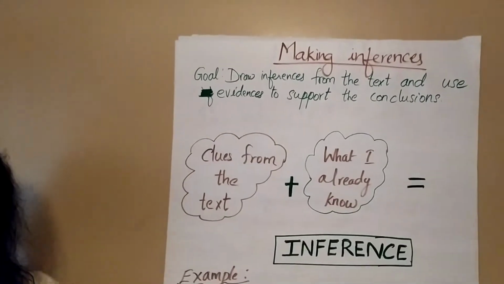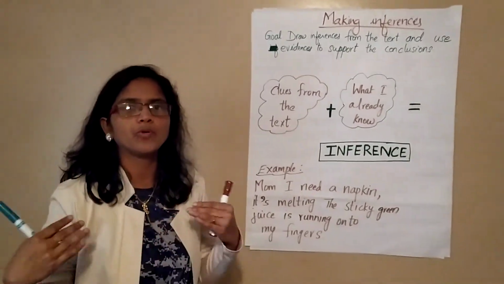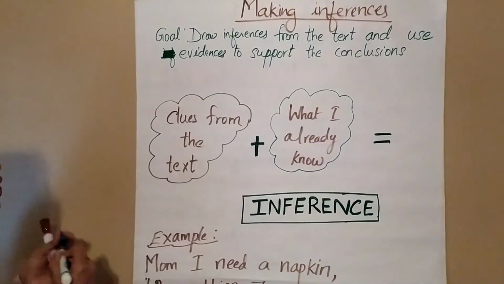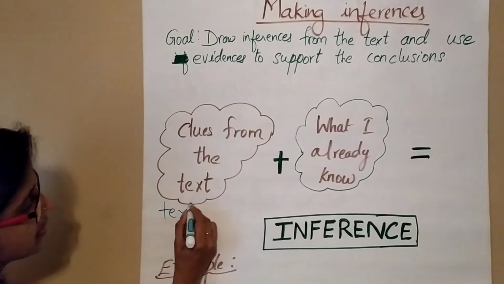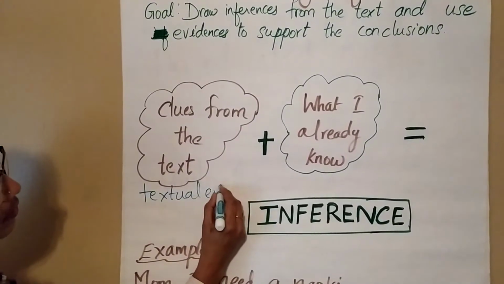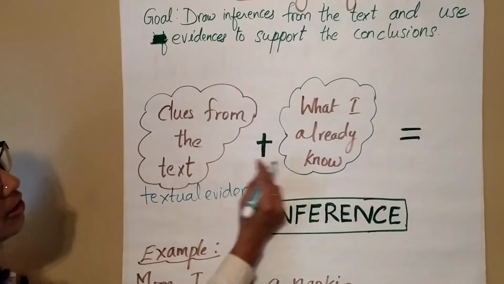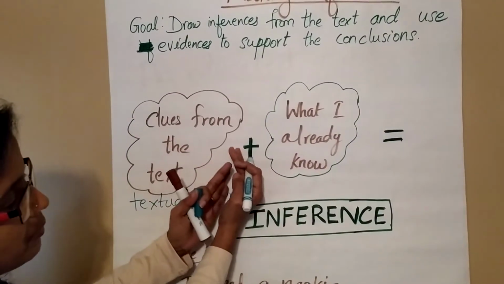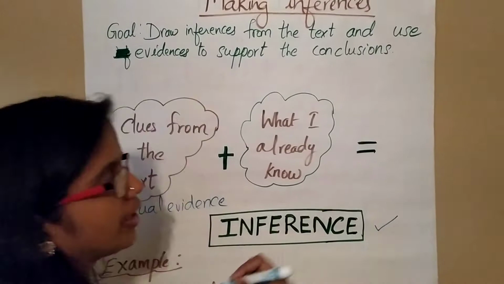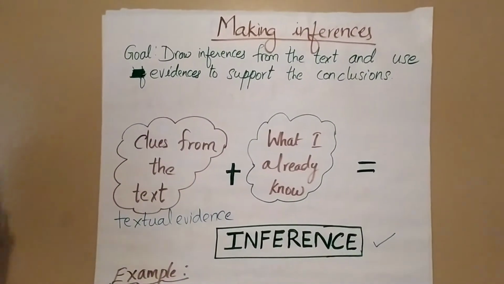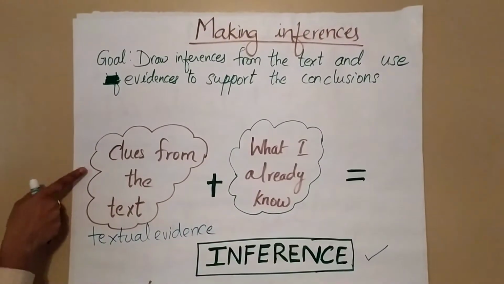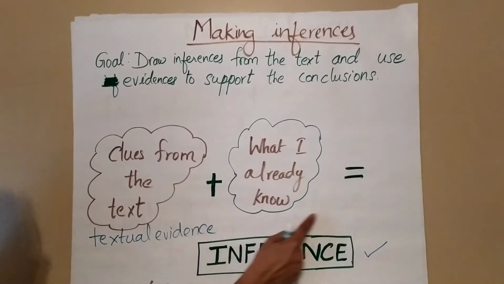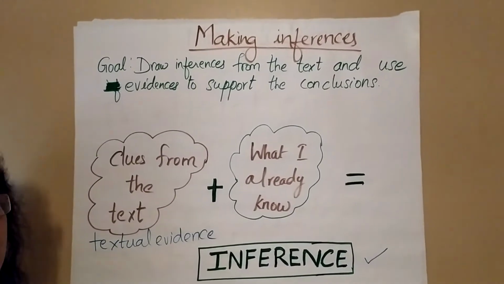After the last video, what we understand is taking the clues from the text, which we call textual evidence, and with the knowledge I already know, when I combine both of them, it becomes an inference. So once again, clues from the text, the textual evidence, plus what I already know is equal to inference.